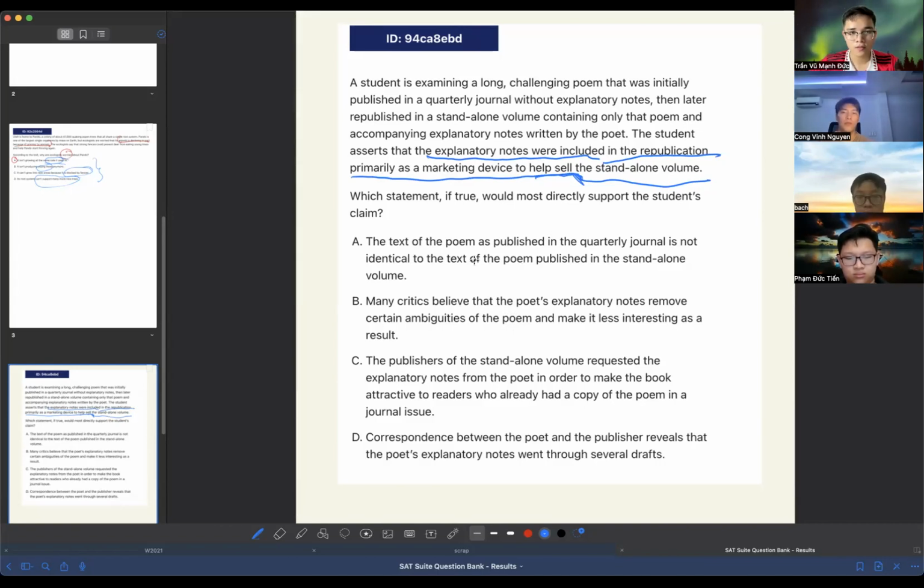So which one is talking about, firstly, the explanatory notes, and secondly, helping sell the standalone volume?